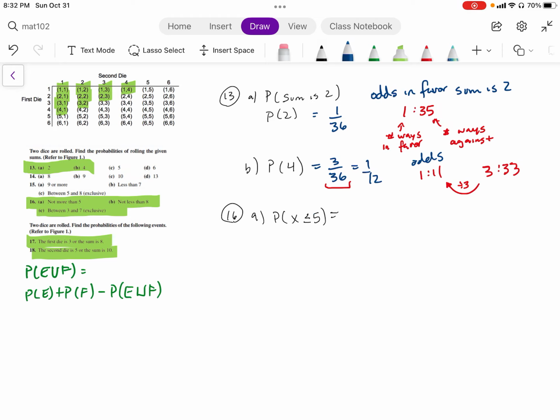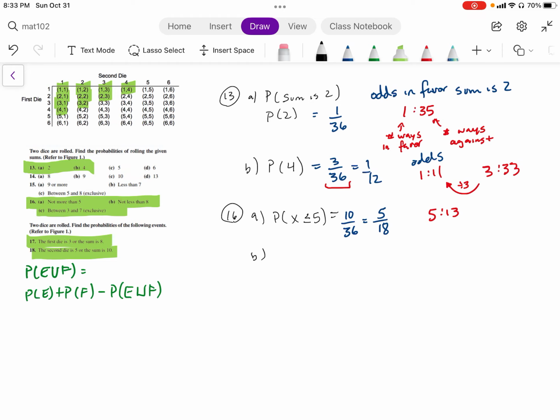Okay, and we get 4, 7, 9, 10 out of 36, which reduces to 5 over 18. Okay, and again, odds. We can use this reduced form. That would be a 5 to 13.